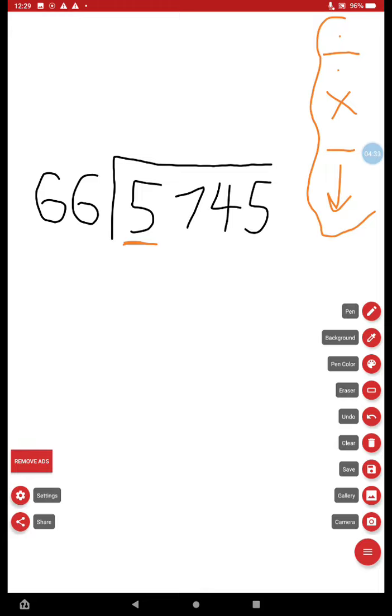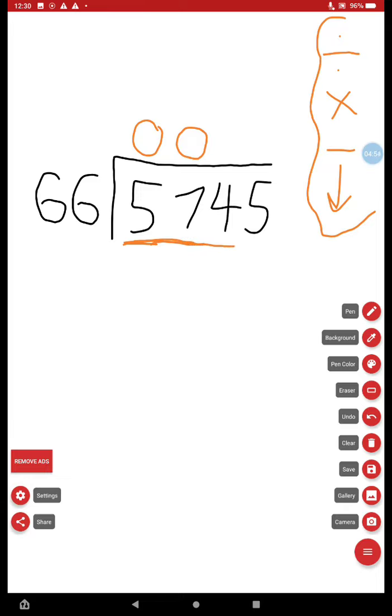If you have $5 and you're giving it away to 66 people, there's not enough money. Everybody gets $0. Let's go over to 57. If you have $57 and you're dividing it among 66 people, don't have enough money. Everybody gets $0. What about if I have 574?